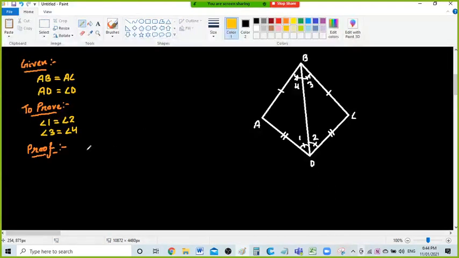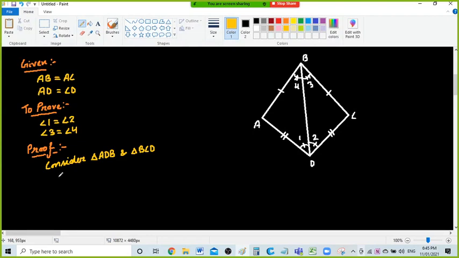See, consider triangle ADB and triangle BCD. Fine.